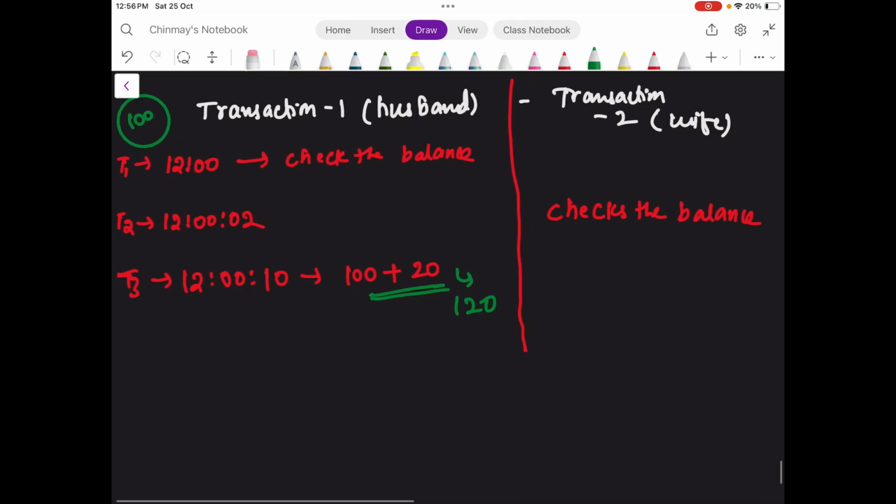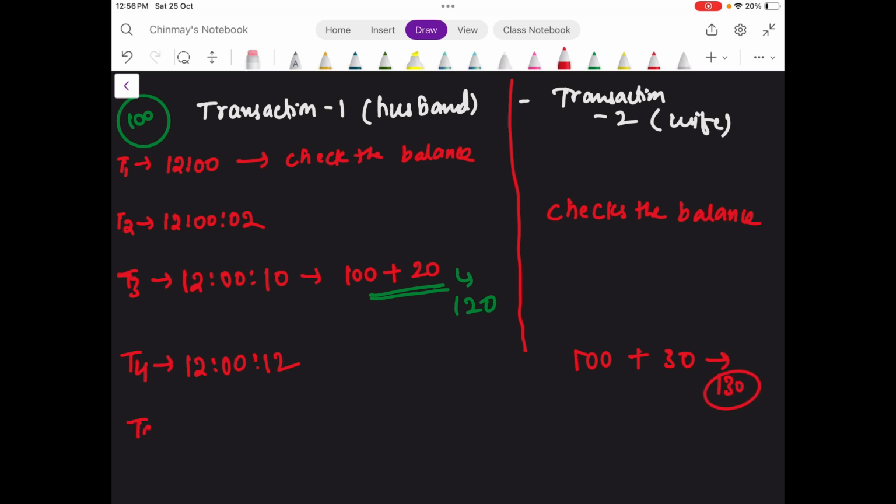At time t4, that means 12:00 and 12 milliseconds, it adds to the balance, 100 plus 30. This 120 is not yet committed, so it is not able to see it, right? 100 plus 30, 130. Here the final balance is 130.